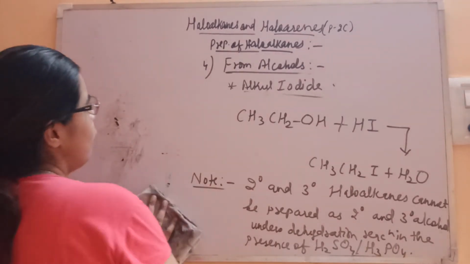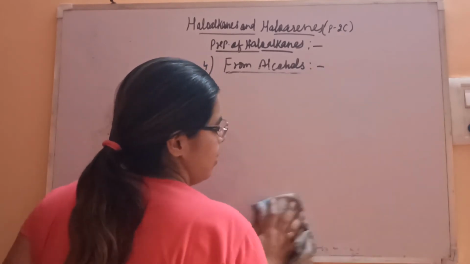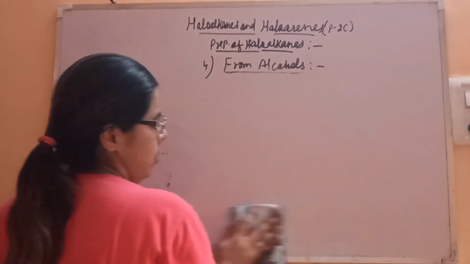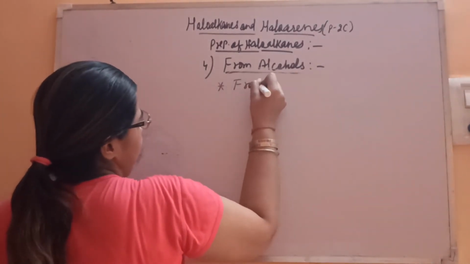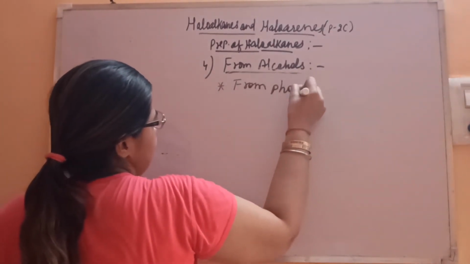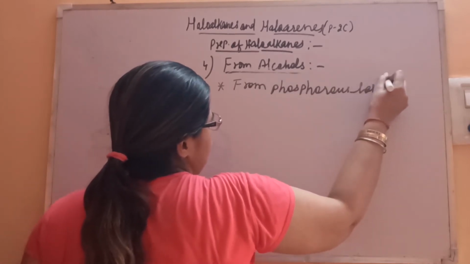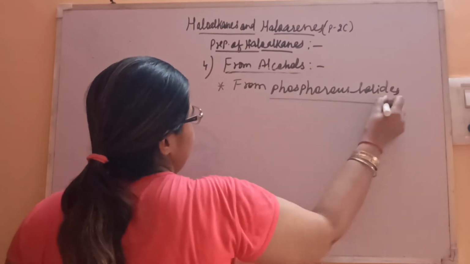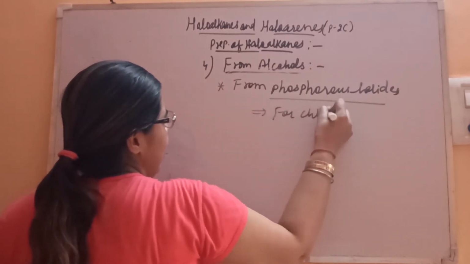Now we'll see the next one, that is from the phosphorus halides. So in this, first is the preparation of chloroalkanes.